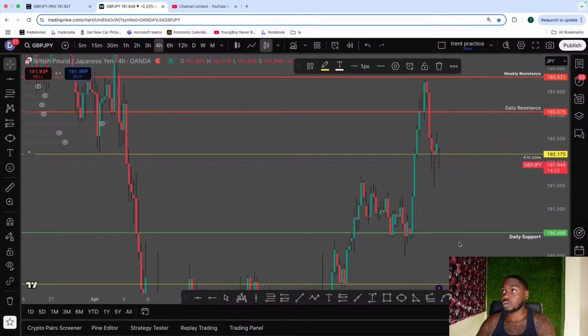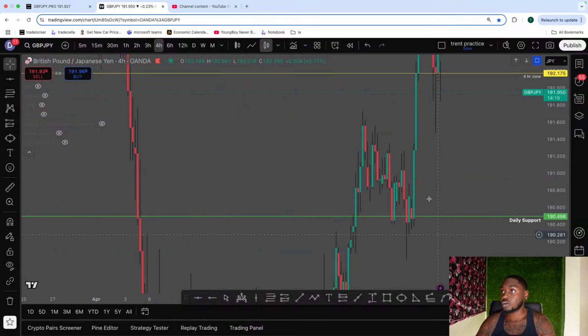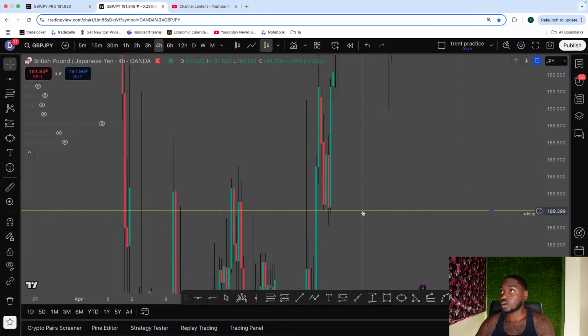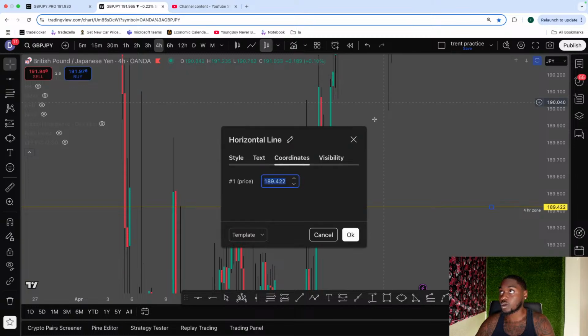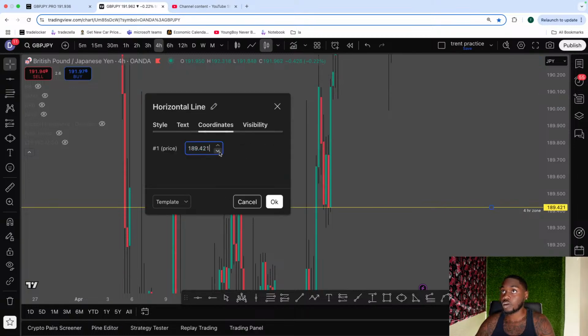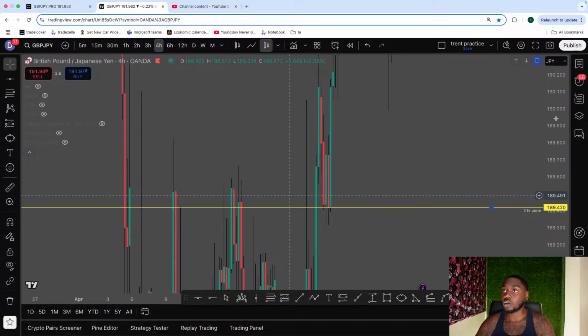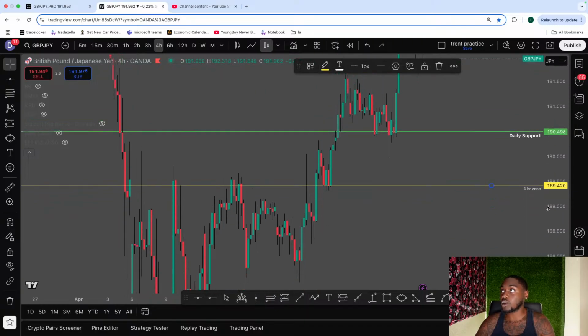And then from this point here, once we find all of our zone areas, let's also plot our fib levels. So we have extension, retracement, extension, retracement, extension, retracement, extension, retracement to get the extension, right?